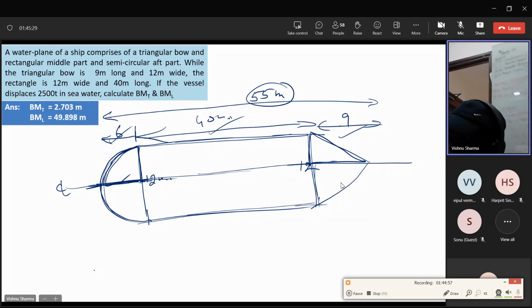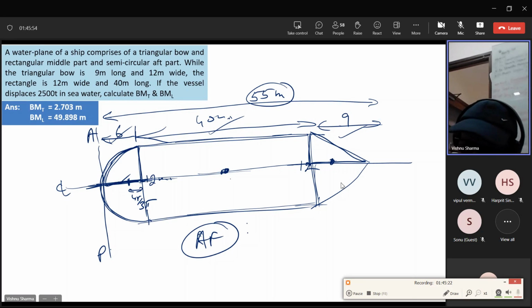But for BML, you'll have to first calculate LCF by taking moments about the after perpendicular. In that case, the geometric center of the semicircle will be here, 4r by 3 pi. The geometric center of the rectangle will be here, and the geometric center of the triangle will be here. So first you'll have to get LCF or AF, and then solve the question the way we solved the previous one.